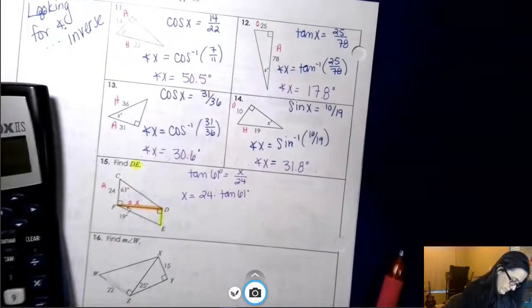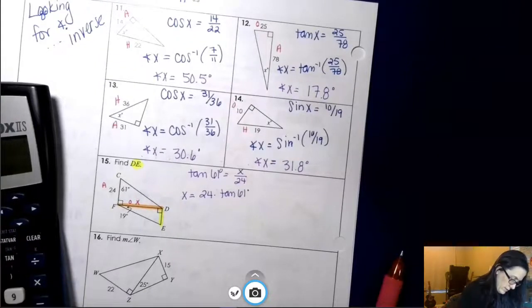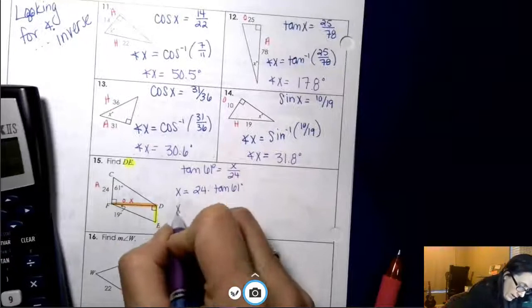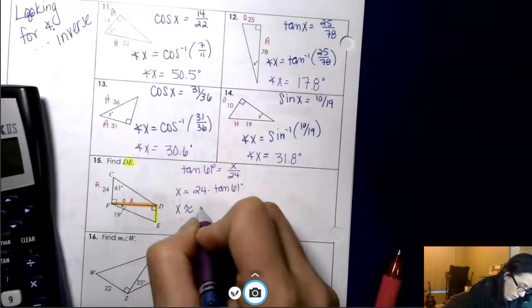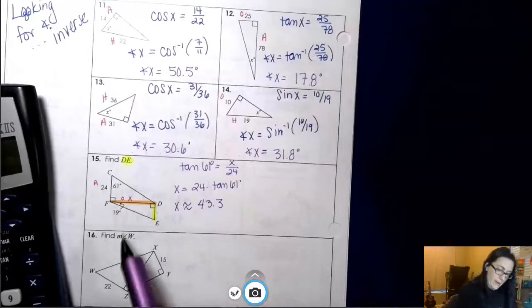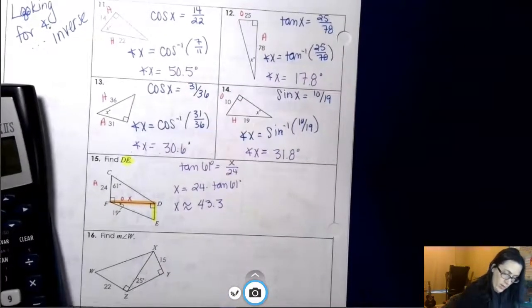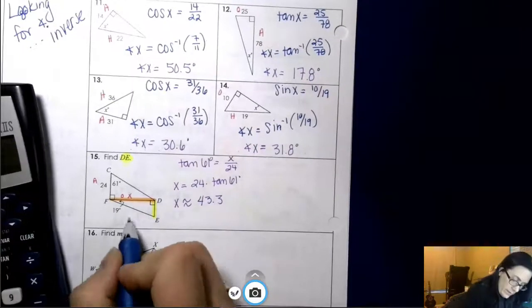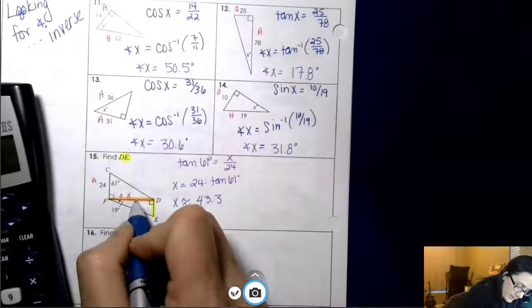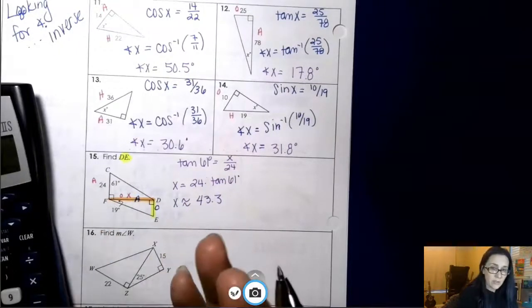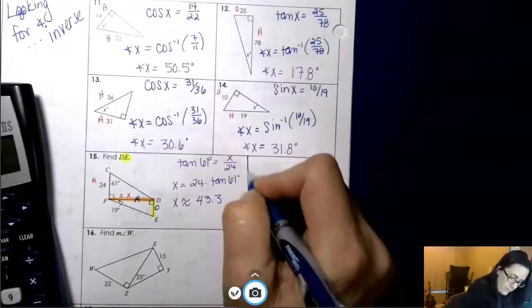24 times tangent of 61. Make sure you're in degree mode. You should get that your x is approximately 43.3. Now that I'm here, I know from this angle, this is now adjacent and this is opposite. So I'm going to use tangent again, but it's of a different triangle.